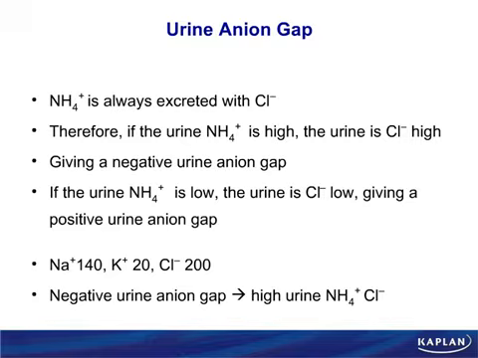We would say this is a negative urine anion gap. That would tell me that there's ammonium in the urine, and that this urine has a high amount of acid. If the urine ammonium level is low, the urine chloride level would be low, and that would give us a positive urine anion gap.